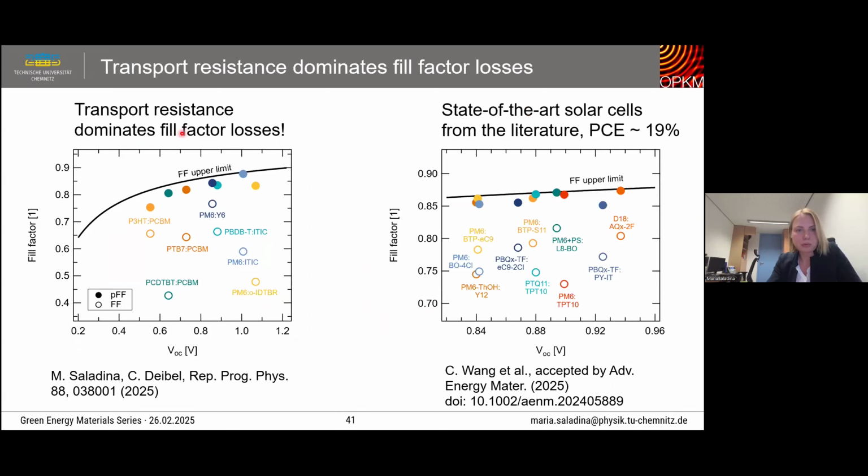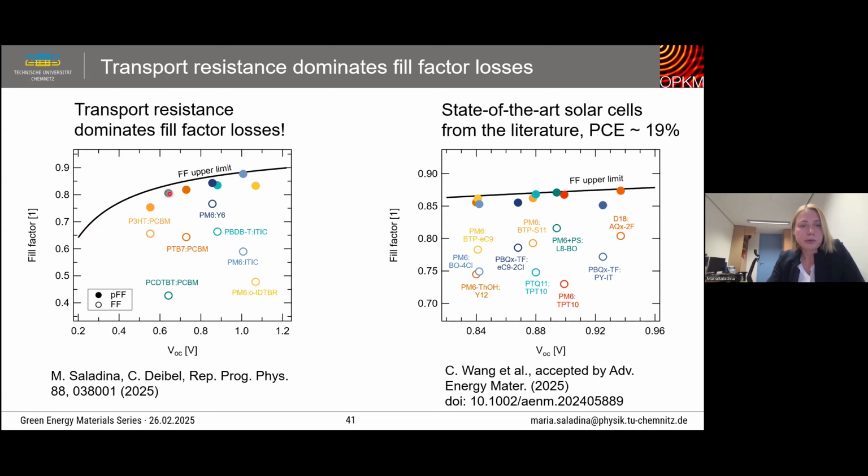In my recent publication, we did this analysis for some systems that we measured Suns-VOC on in our lab. And here you have fill factor plotted versus VOC. You probably know the Green equation. From the Green equation, it is known that for higher VOC, the fill factor upper limit will be higher.